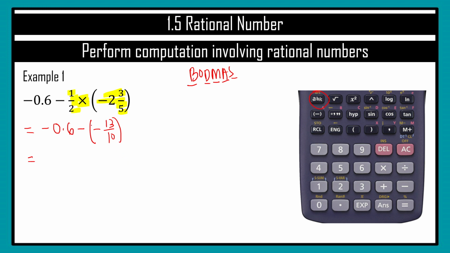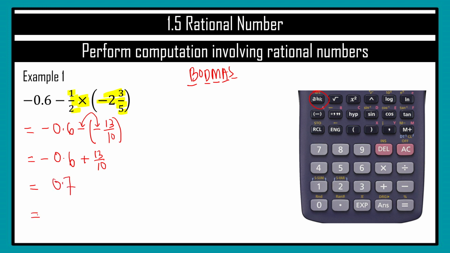Next, remember that negative and negative, we are going to get positive, so negative 0.6 now becomes positive, and then 13 over 10. So next we are going to do negative 0.6 plus the fraction 13 over 10. In the end you are going to get 0.7.